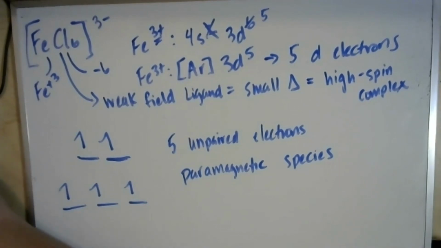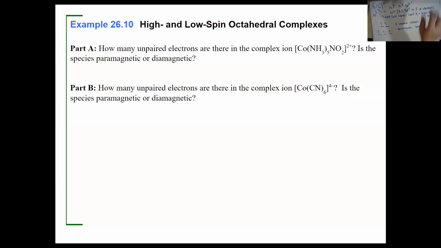Okay, and let's look at 2 more examples of this. Oh, I did not want that. Oh well. Share screen. Okay, so we're going to look at 2 more examples.